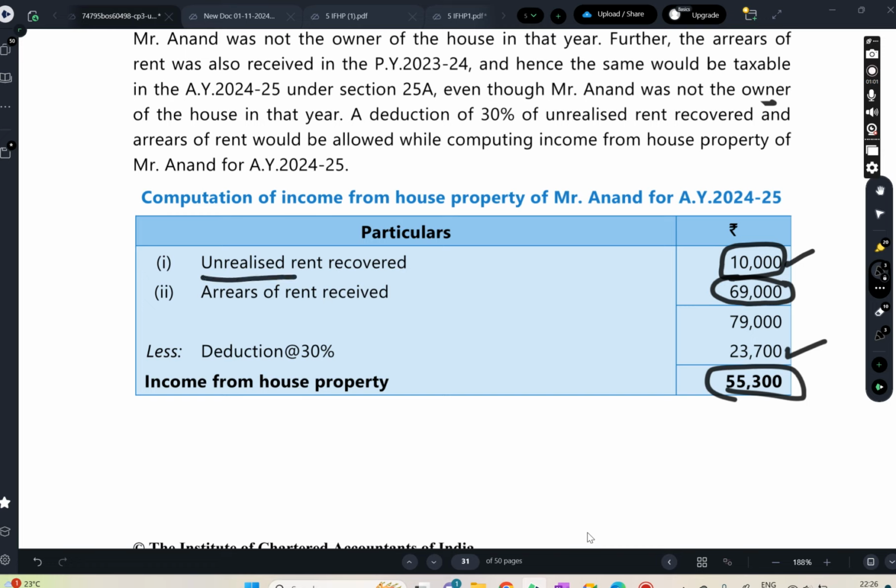If you observe one thing, they use something called unrealized rent, and then they use something called arrears of rent. Unrealized rent means something from the past, like 3 or 4 years ago there was a tenant who did not pay the money, later he paid it. Arrears of rent means, let's say he is still continuing as a tenant and he did not pay the rent for the last 2 or 3 months, and it happened in the previous year only.